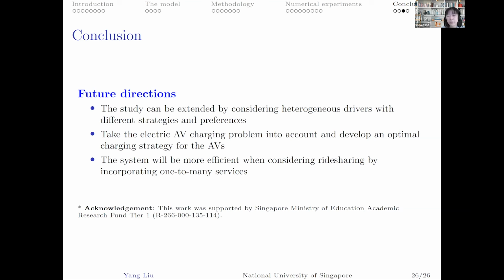So that's why we consider the dynamic commission fee as one way to actively encourage and influence the taxi driver to go to different locations.